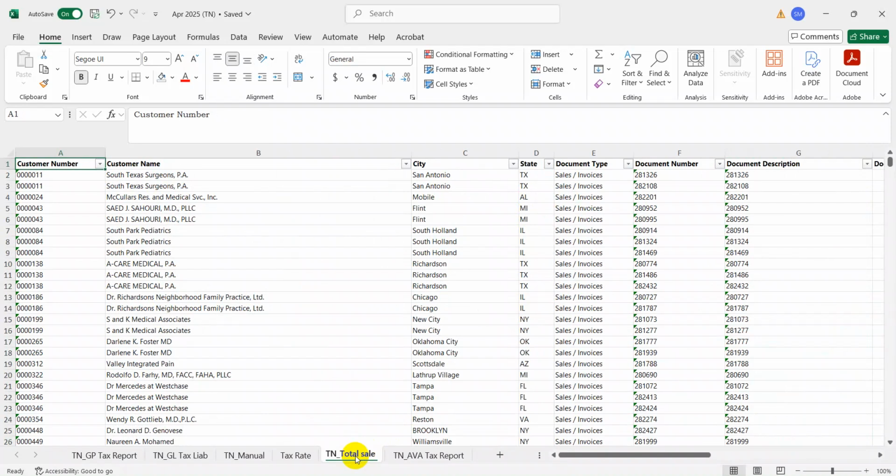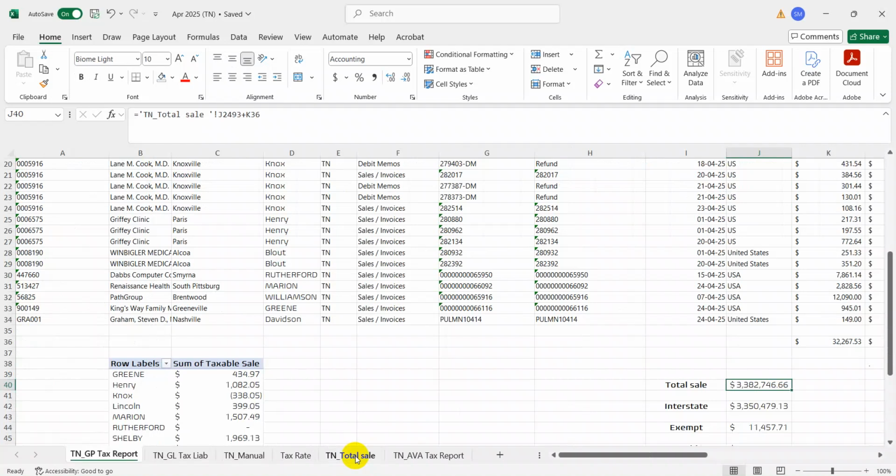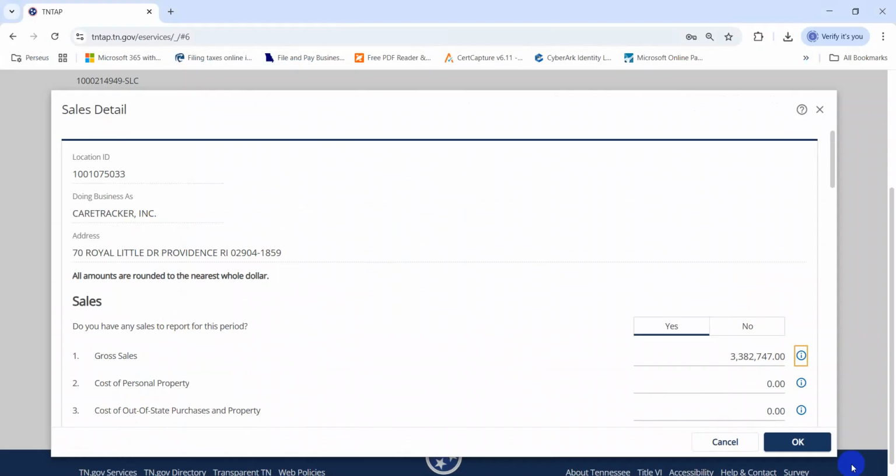Particularly for the Tennessee state, it is mandatory and compulsory to report those sales which are being made outside of Tennessee state, whether they are taxable or exempt. So these total sales include this plus all the other sales that have been made outside of Tennessee state, and I will report these sales in my gross sales.